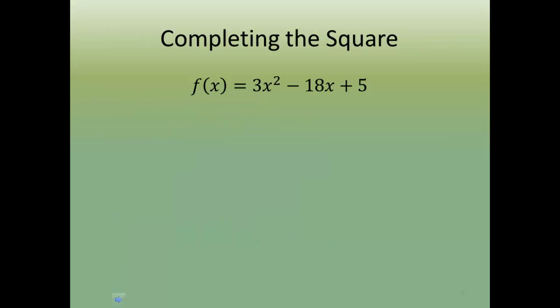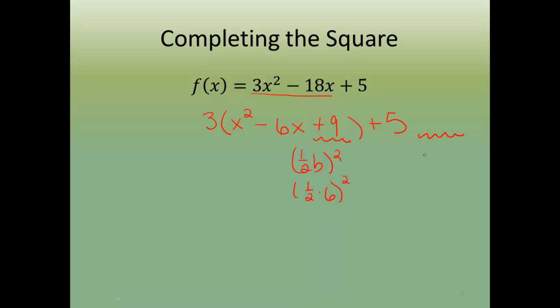What does that look like without the geometry? Well, I'm going to take my 3x squared minus 18x, and I'm going to make it into 3 groups of x squared minus 6x. Plus 5 is just going to hang around. Complete the square just like I normally would. Half of the b term squared is half of 6 squared, so again it's plus 9. On the outside, you need to do the opposite. But be careful, completing the square, I added 9 to one set.